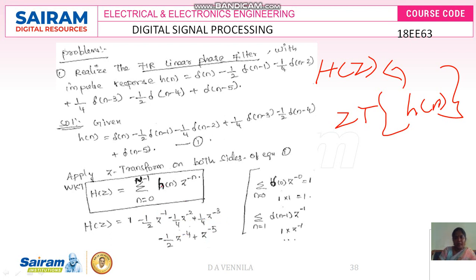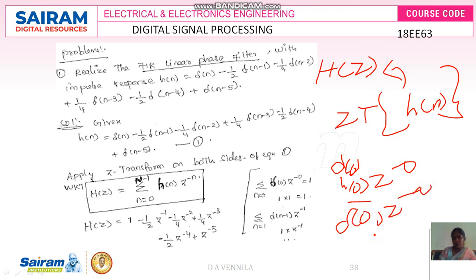How to find this value: substitute n equal to 0, that is h of 0 and z power 0. What is h of 0? The h of 0 value is 1. That is nothing but del of n, h of n is del of n, that is del of 0. So del of 0 value is 1 and z power 0 value is also 1. So 1.